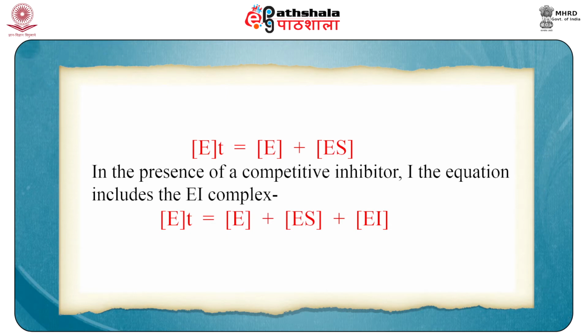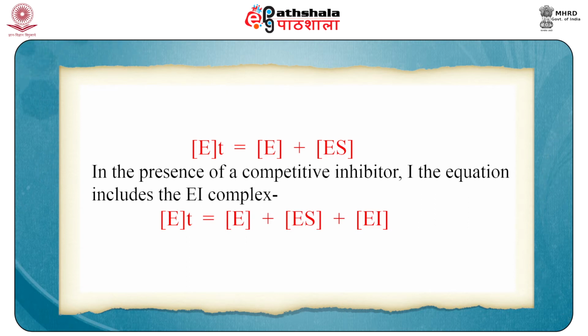In the presence of a competitive inhibitor I, the equation includes the EI complex, and therefore ET is equal to E plus ES plus EI.